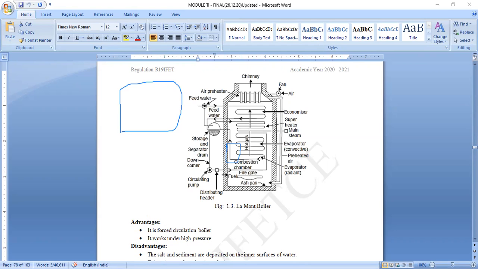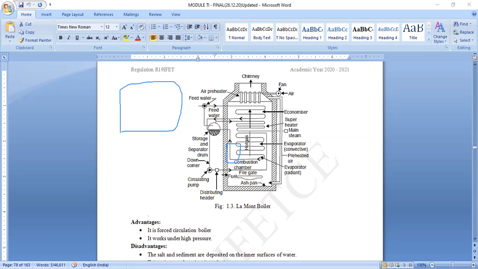In the convective evaporator, the steam is converted into saturated steam. Previously, while passing through the economizer, there may be some moisture content, and that is removed in the convective evaporator.